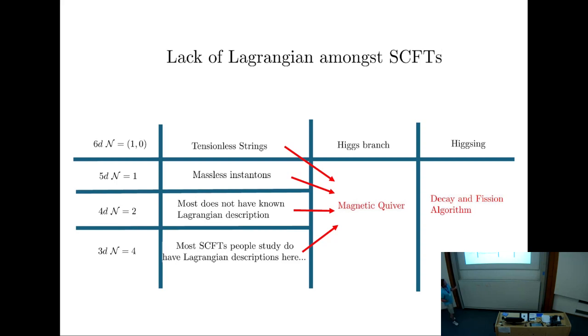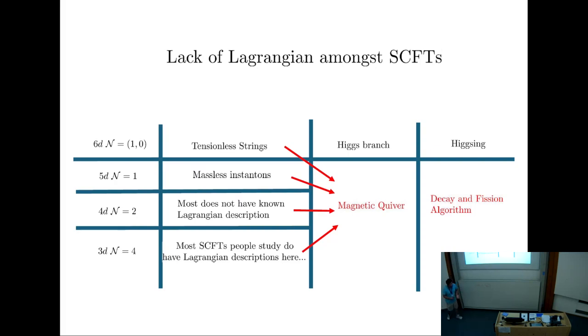At low energy, everything's nice, I have a beautiful SUSY theory, but once I go to the UV superconformal fixed points, tensionless strings come in, and I don't have a Lagrangian description anymore. 5D N=1, low energy, everything is nice, I have a SUSY gauge theory. Go to the UV superconformal fixed point, boom, a bunch of massless instantons, I don't have a Lagrangian description anymore. 4D N=2, most theories we know in the literature that are 4D N=2 SCFTs don't currently have a Lagrangian description either.